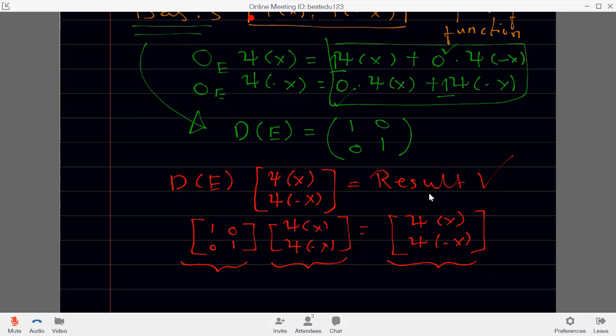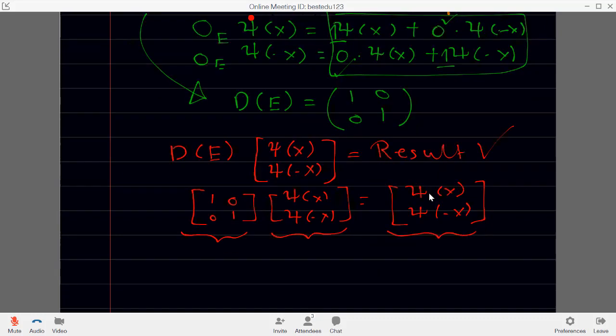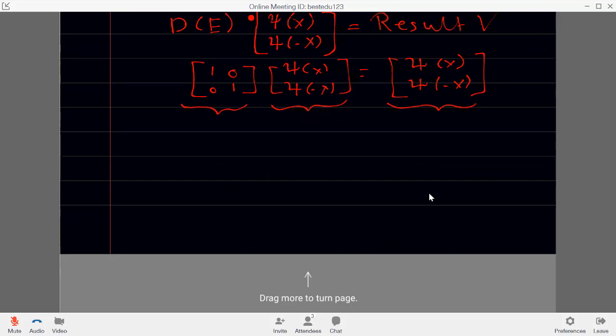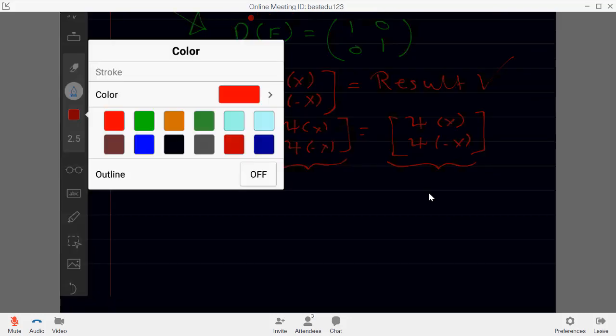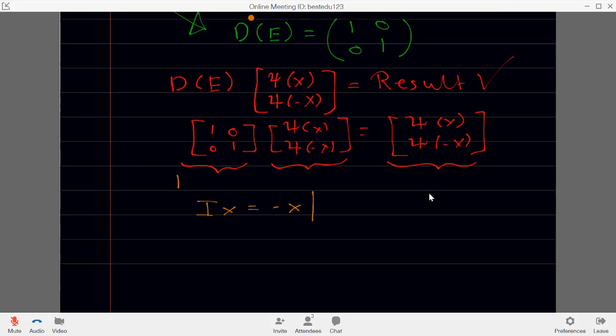Now let us look at one more example that we left out. We had one more operator, the inversion. When I was acting on the coordinate, we get minus x. That means I can form an operator. Let me write it as OI acting on the basis.